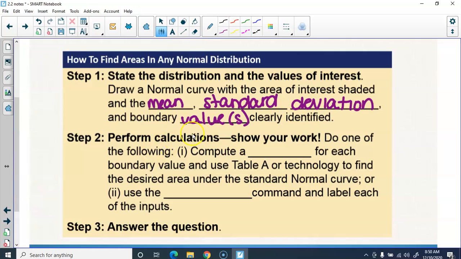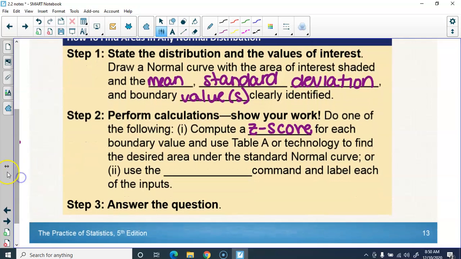Perform calculations, compute a z-score for each boundary value and use table A, and that's what I'll be showing you. And in class I will go over the technology, the calculator use, but I greatly prefer the table because I don't like relying on technology necessarily. I like to know how to do it by hand, that way I don't make any technological mistakes. But in the calculator, it's under the normal CDF command. So should you want to find that on your own, for now, feel free to do that.